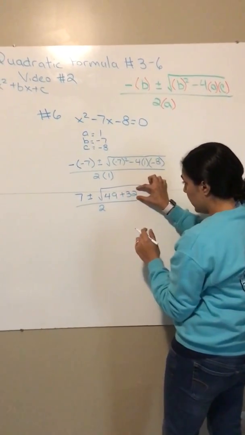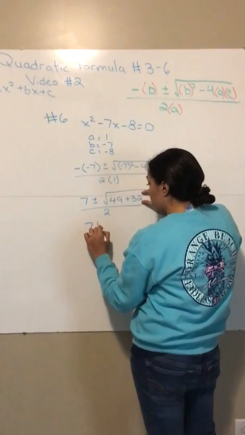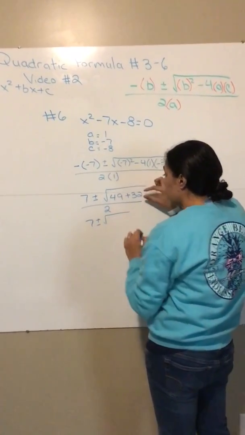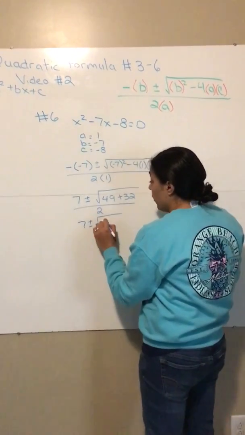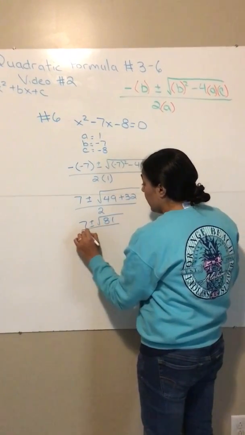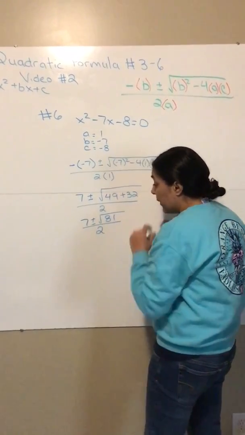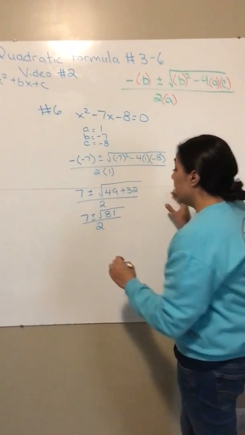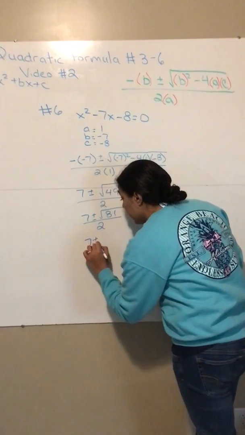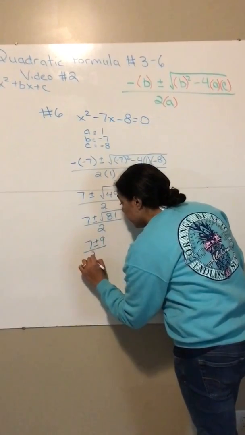Okay, so we can simplify this inner chunk underneath the square root. So 7 plus or minus, and we got 49 plus 32 is going to give you 81, all over 2. Okay, and we're going to say, well, what's the square root of 81? It's going to be 9, so you got 7 plus or minus 9 over 2.